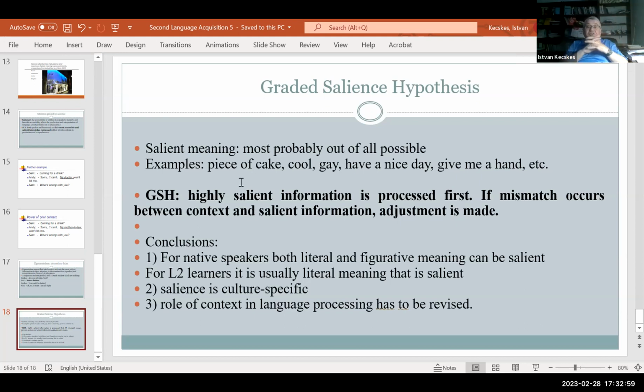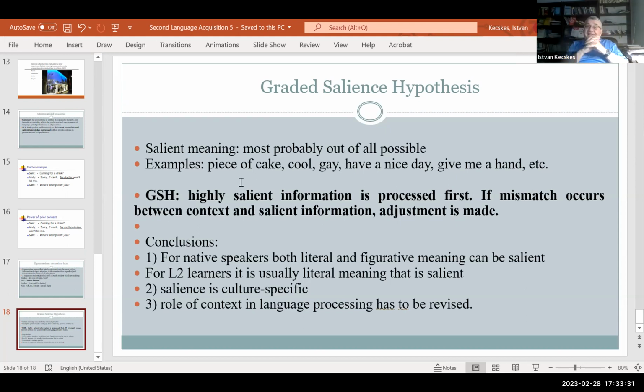And that's the reason why a lot of scholars who dealt with meaning said that what we always do is rely on literal meaning, and based on the literal meaning, as a second step, we go to the actual situational meaning. So first we process the literal meaning, and then we make an adjustment based on the context and figure out what the expression actually means.